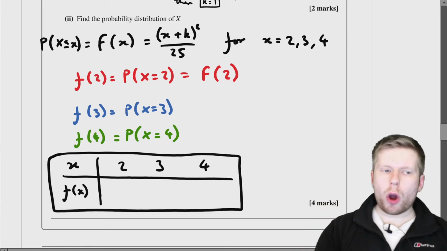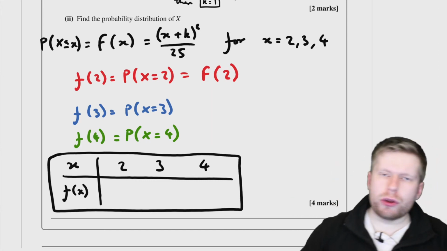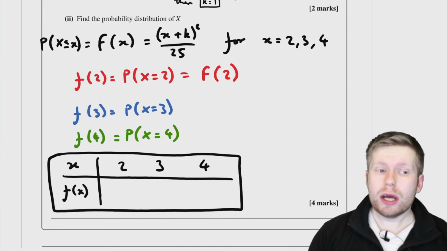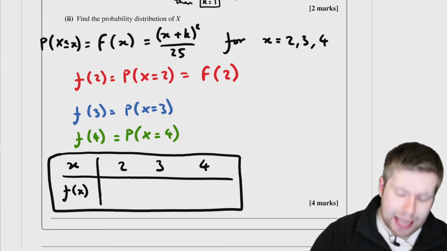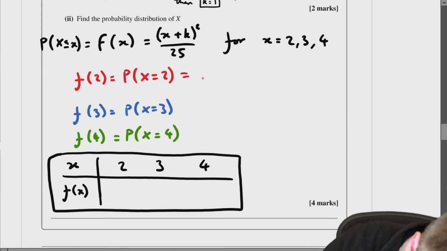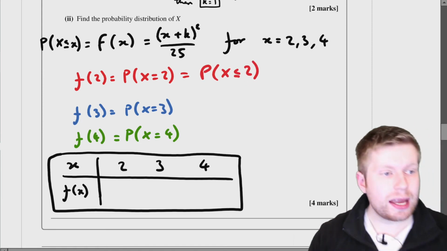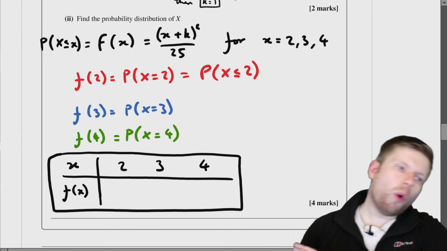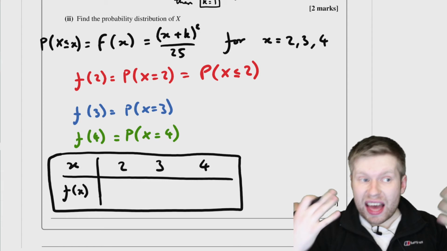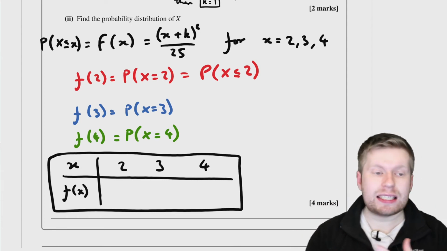Well, I know that any other value from 2, 3, and 4, that should be 0. So if I work out what the probability that x is less than or equal to 2 is going to be, because 2 is the only value that has a non-zero probability, and all values below 2 are 0, that should just be the same as the probability that x equals 2.